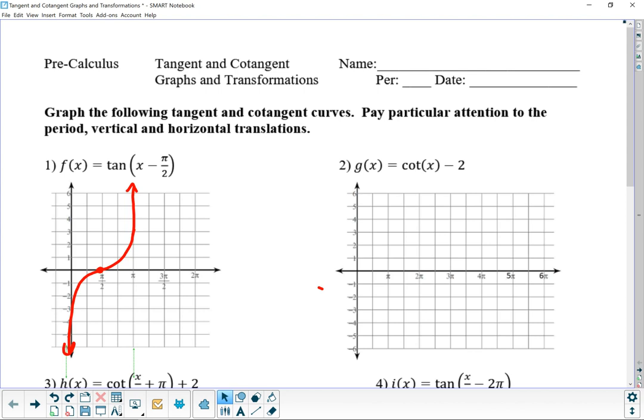Before, it was half on the left and half on the right, but once I have done a phase shift, everything moves to the right, pi over 2. Now it looks like a cotangent, but it's still a tangent. So going forward, my period is now between pi and 2 pi, and now I can just wrap it up by doing my center and my graph.